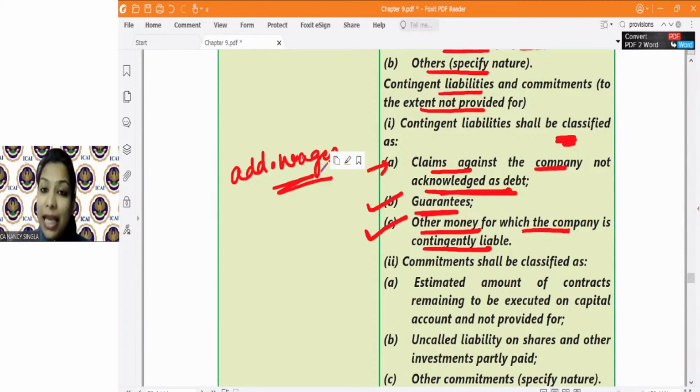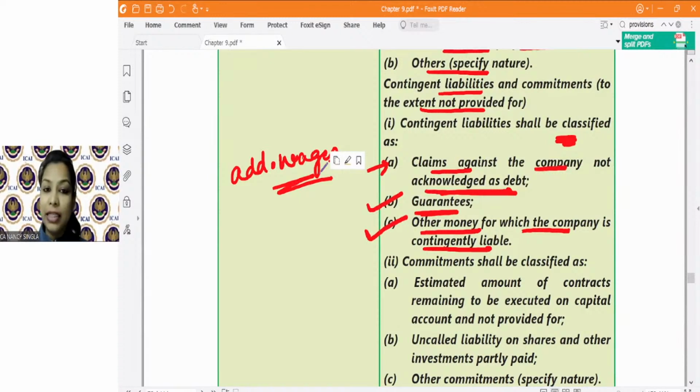So it is a claim against the company, the labor union saying increase our salaries, increase our wages. They are asking for additional wages, but the company has not considered it as a debt. That is why you show it as a contingent liability. Clear? Claims against the company not acknowledged as debt.